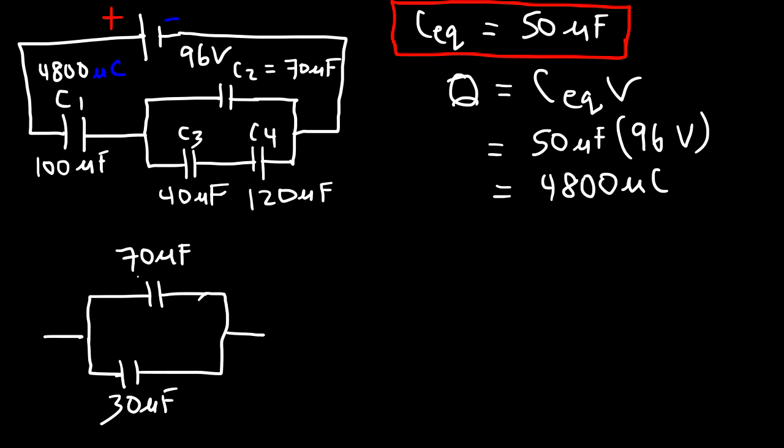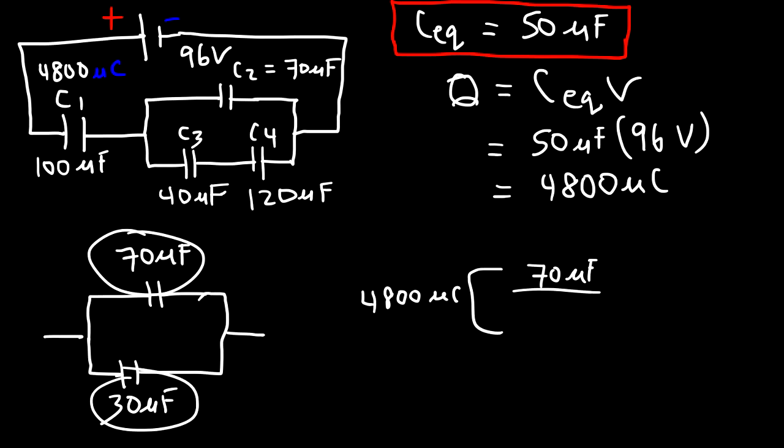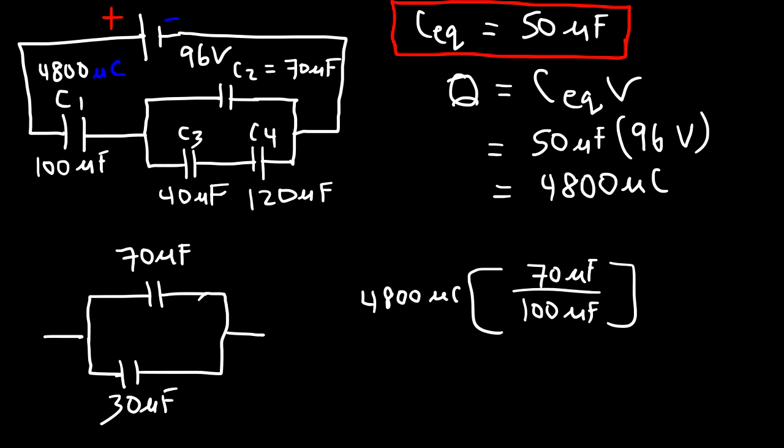Now to calculate the charge on this capacitor, it's going to be the total charge, which is 4,800 microcoulombs, times the value of this capacitor, which is 70, divided by the total capacitance of 70 plus 30, which is 100 for that network. So it's 4,800 times 70 divided by 100. So C2 has a charge of 3,360 microcoulombs.